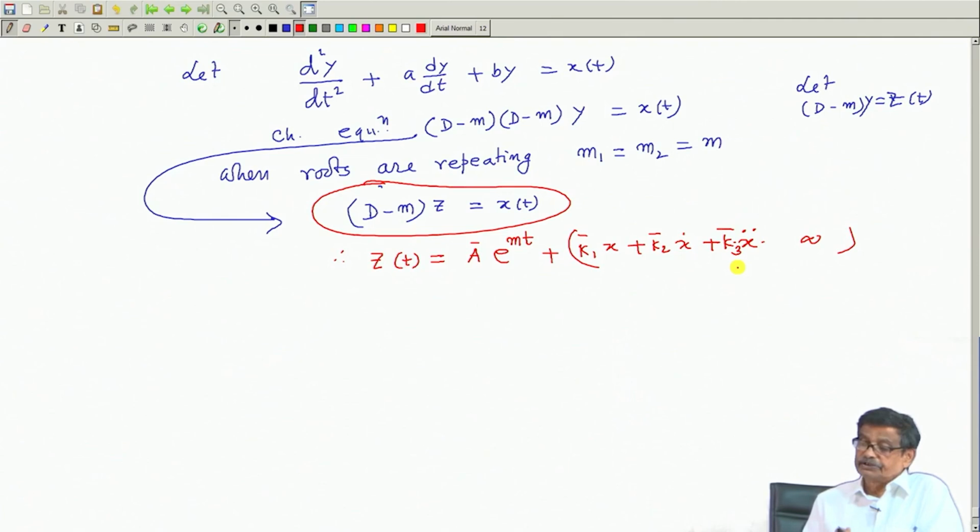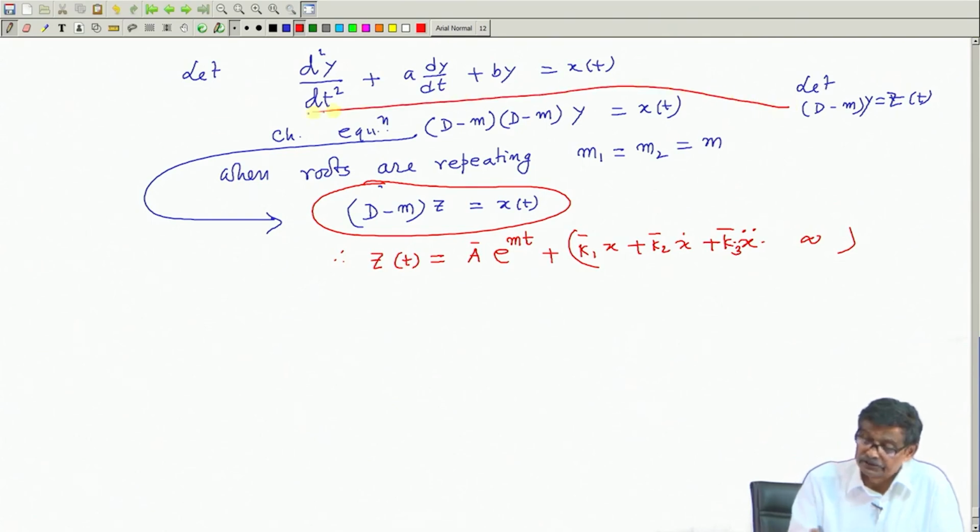So, this is the differential equation, but my target is to solve for y. So, I will come back to this equation now.